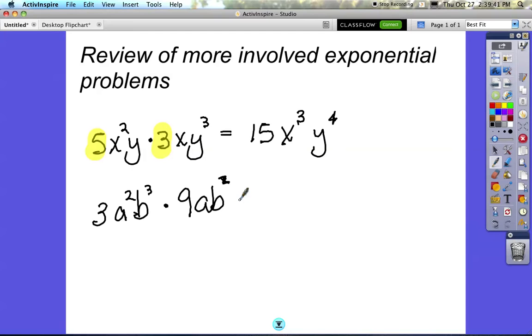Okay, so if you're ready to see the answer, 3 times 9 is 27. A squared times a, remember that's a 1 right there. When you multiply like bases, you add exponents, so that's a cubed. B cubed times b squared, b to the 5th.